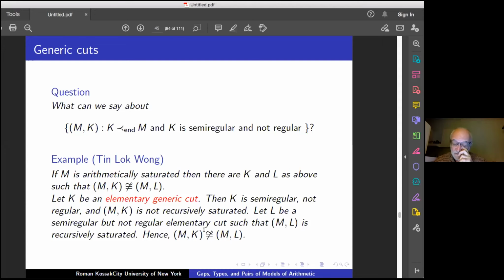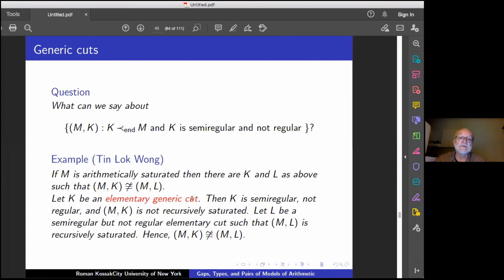This is from a paper by Lawrence and Richard Kaye. They defined genericity of cuts, and I will not define this for you. This would take about half an hour just to define the notion, because genericity of cuts is defined in terms of some topology on the set of cuts in a recursively saturated model, taking into account actions of automorphisms and all kinds of things.